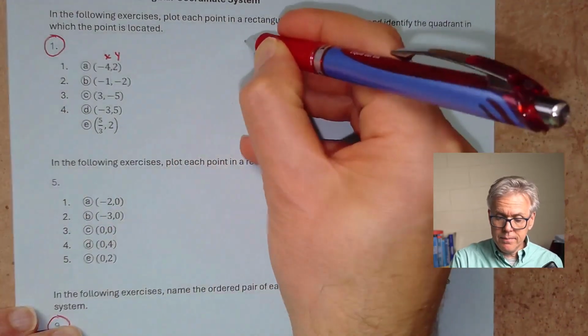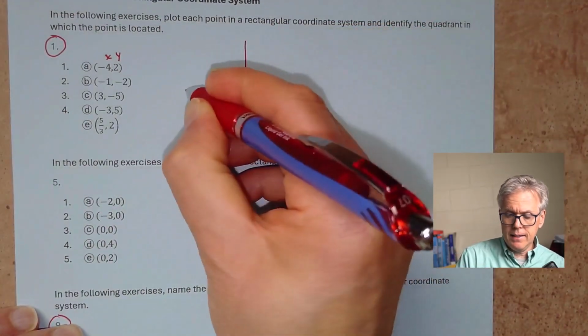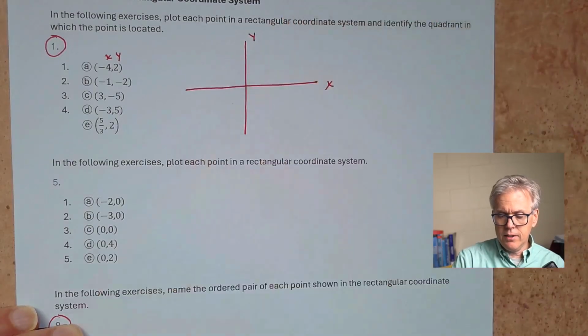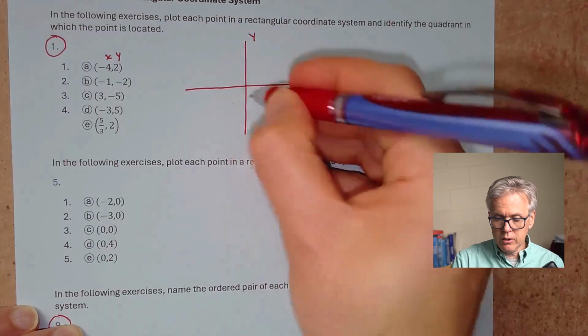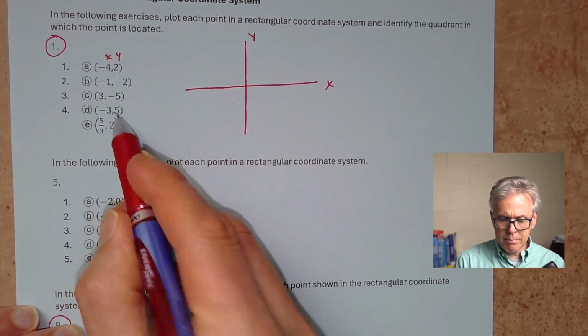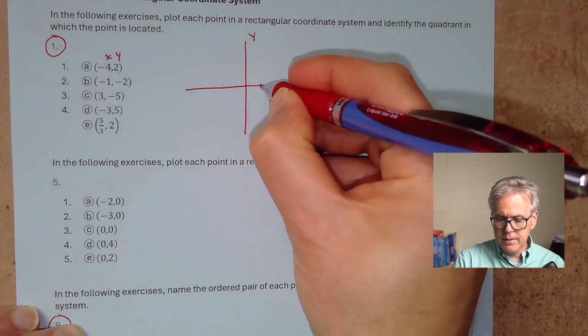So one way we can do these, if you're not provided a grid, is just go ahead and draw one out as best you can. There's x and there's y. And we can go ahead and label. I'm just glancing at my points here. Looks like I don't have anything bigger than 5, so I can come out to 5.